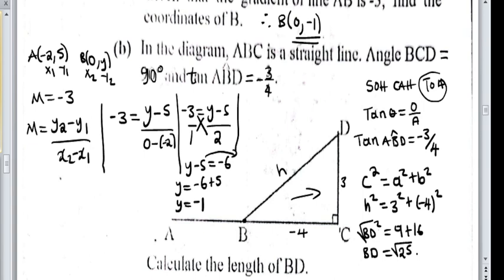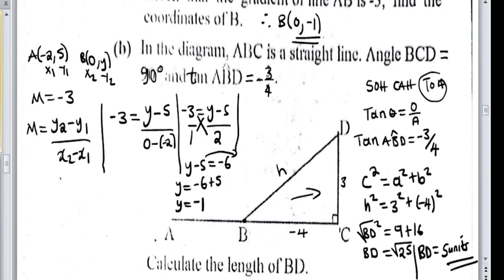So the square root of 25. Now, for length, we're interested in getting the positive values. I know the square root of 25 is positive or negative 5, but I'm going to consider the positive value, BD, to be positive 5 units. So BD is positive 5 units. Therefore, BD has been found.